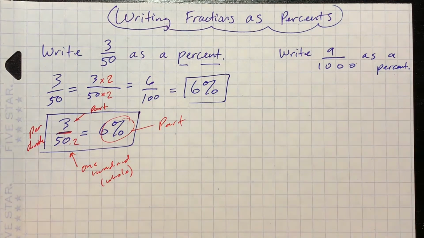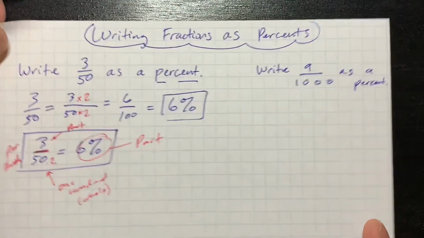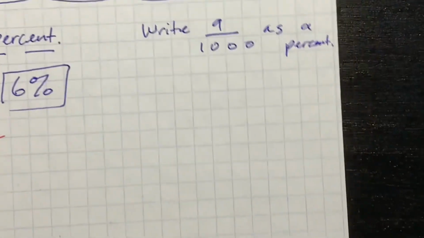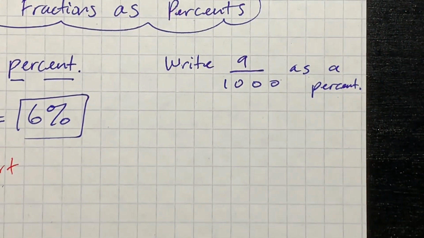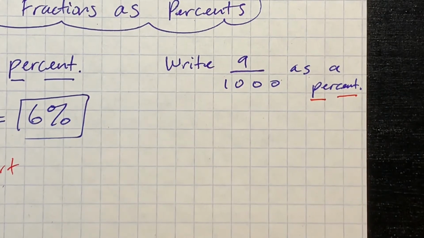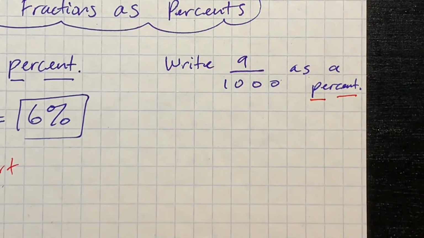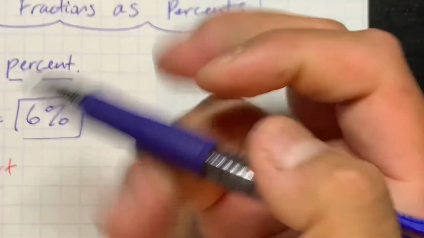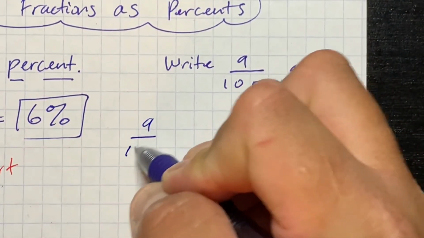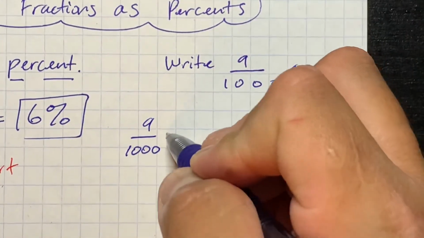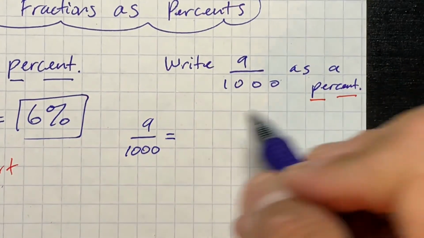Okay, so let's do one more example here. This time we're going to write 9 over 1,000 as a percent. Remember, percent means that the denominator has to be 100. So if we rewrite this problem, 9 over 1,000, or 9 thousandths, we want to make sure that this becomes 100.